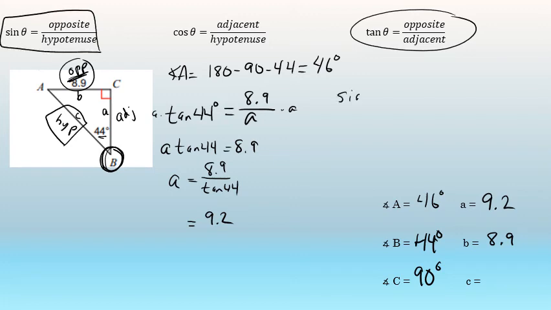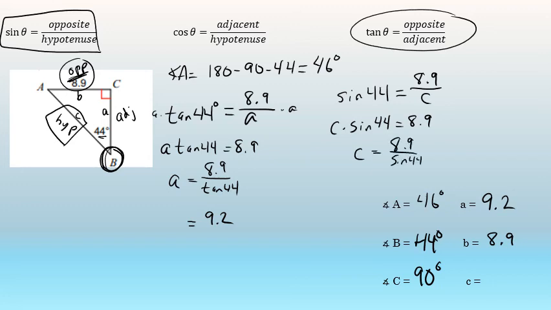So I can say that the sine of 44 degrees is equal to the length of its opposite side, 8.9, over the length of the hypotenuse, which is the missing length for side C. I have an equation at this point that's very similar to the equation I had when I found side A. I'll begin by multiplying both sides of the equation by C, and then divide both sides by the sine of 44. This quotient is the approximate length for side C if I round it off to the nearest tenth. 8.9 divided by the sine of 44 to the nearest tenth is 12.8.